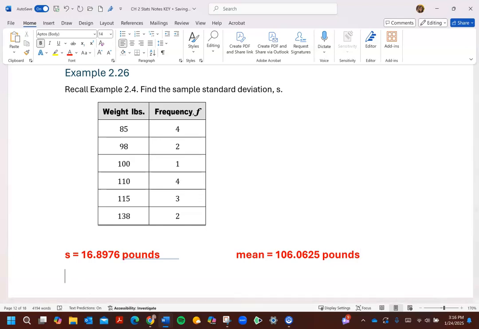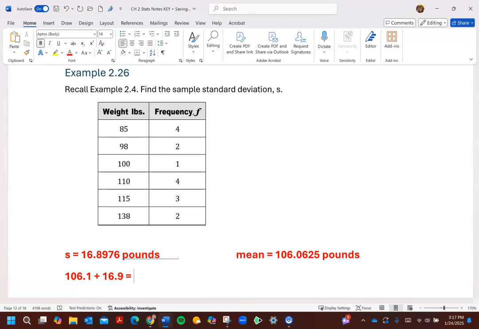If I wanted to know what the value was one standard deviation above the mean, I could just take that mean, 106.1, I'll just round off, and add on 16.9 pounds, and I would get what the weight is one standard deviation above the mean.